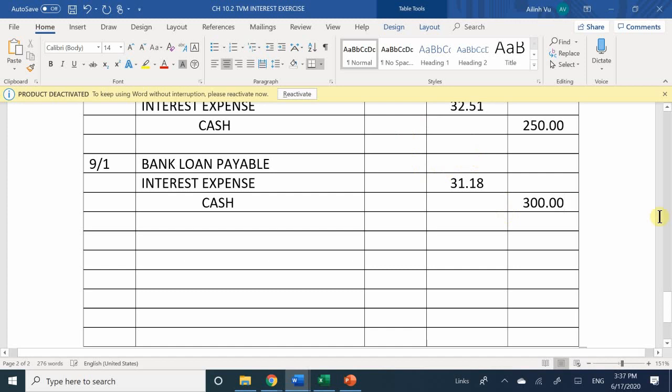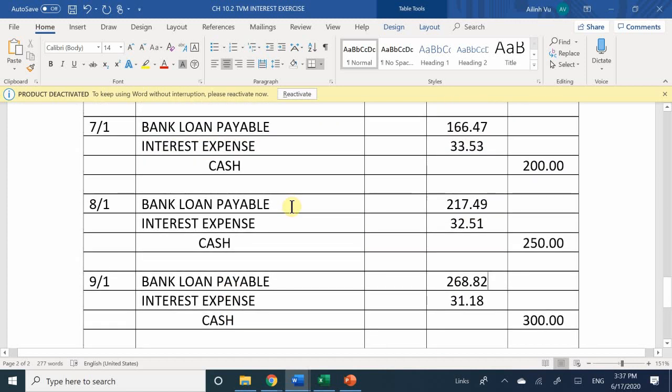So how much of my 300 actually went to my actual loan? 268.82. Perfect.